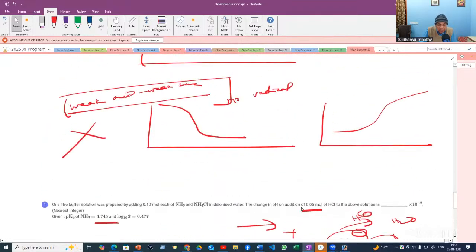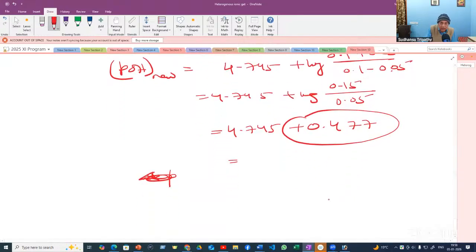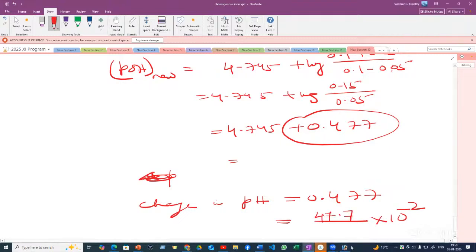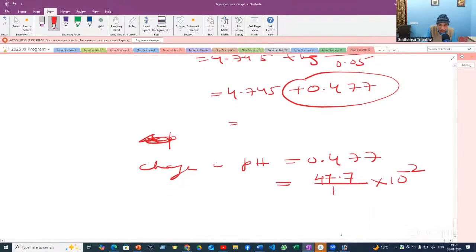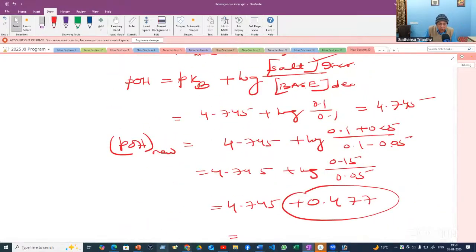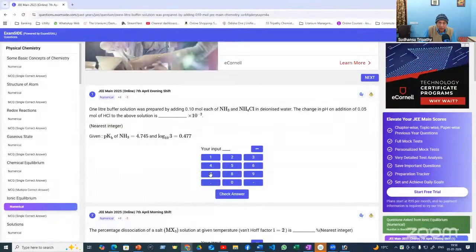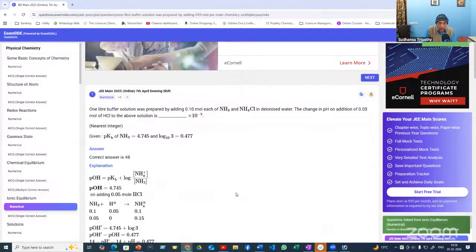It is asking the change in pH, so the change is 0.477, and it has to be expressed in the form of 10 to the minus 2. So it should be 47.7, and the nearest integer is 48. So the correct answer is 48. See how easy it is, you can just have a look whether you have done correctly.